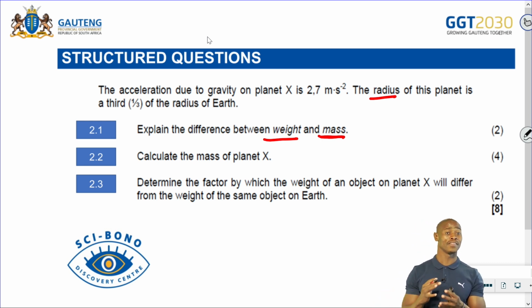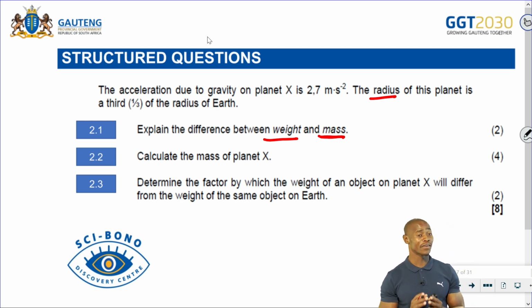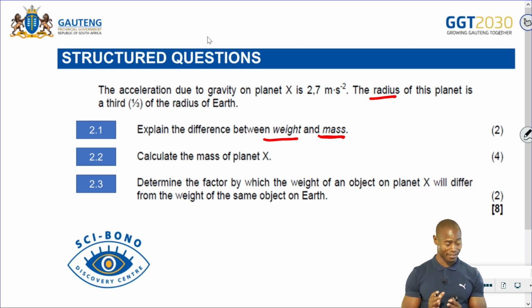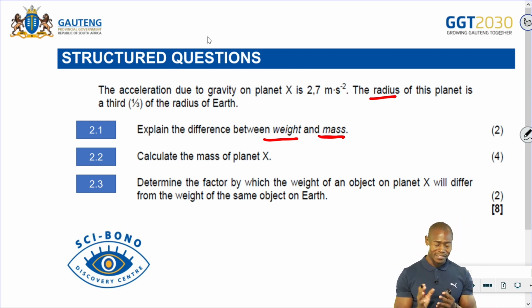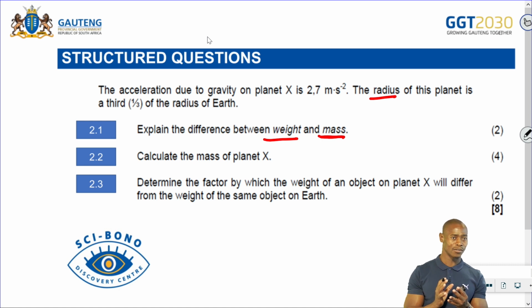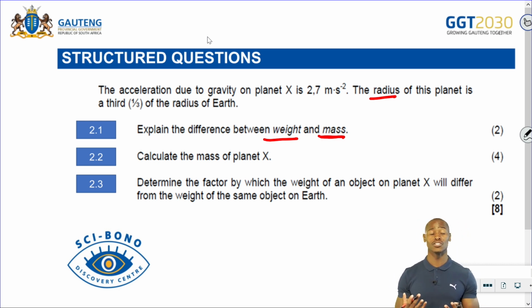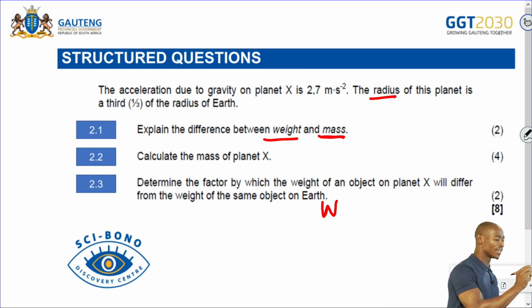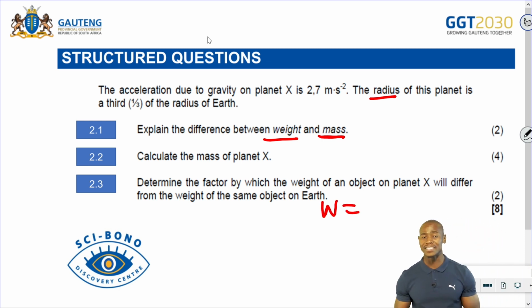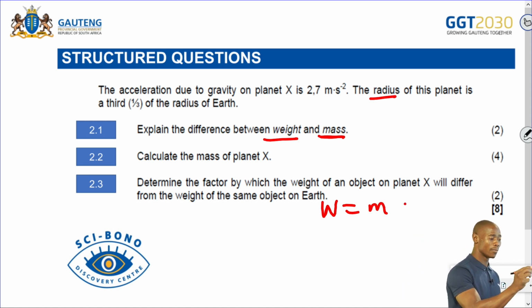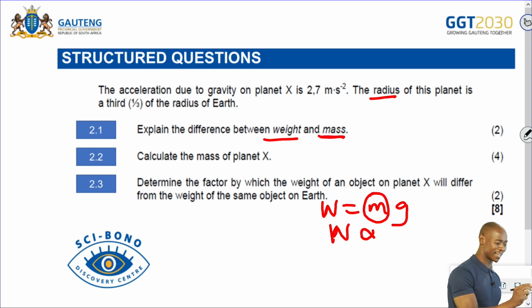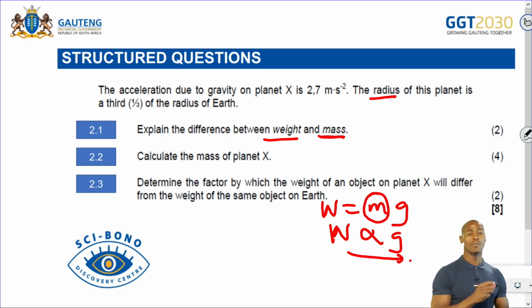The mass of an object remains the same. What changes is the acceleration due to gravity. Obviously, if the acceleration due to gravity changes, it means that even the weight of that object will change, because at constant mass, weight and acceleration due to gravity are directly proportional.